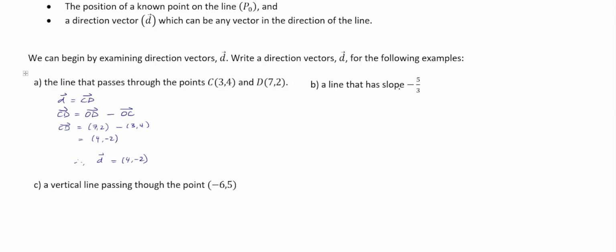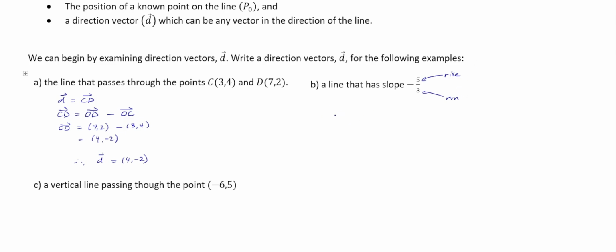If a line has slope -5/3, then -5 just represents the rise and 3 represents the run.